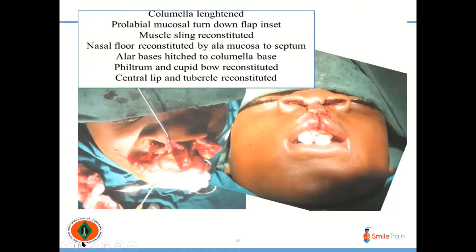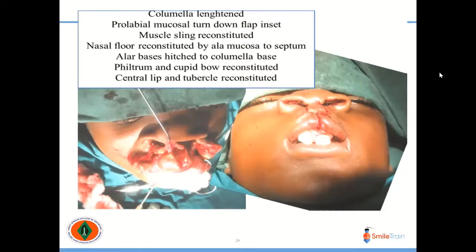After that, the muscle that you have given room for, you bring it and you will suture both on the midline. Now, so as to get a natural look, when you have done that, you will bring a stitch from the edge of the alar base and the edge of the other alar base and hitch it to the base of the columella.